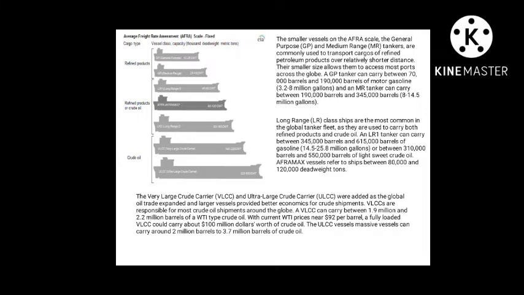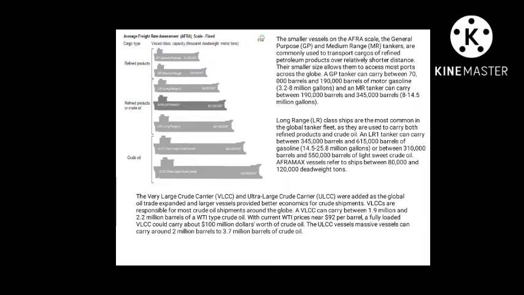A cargo that can carry crude oil only is the VLCC and ULCC. The smaller vessels of the AFRA scale are the general purpose or GP and the medium range or MR.